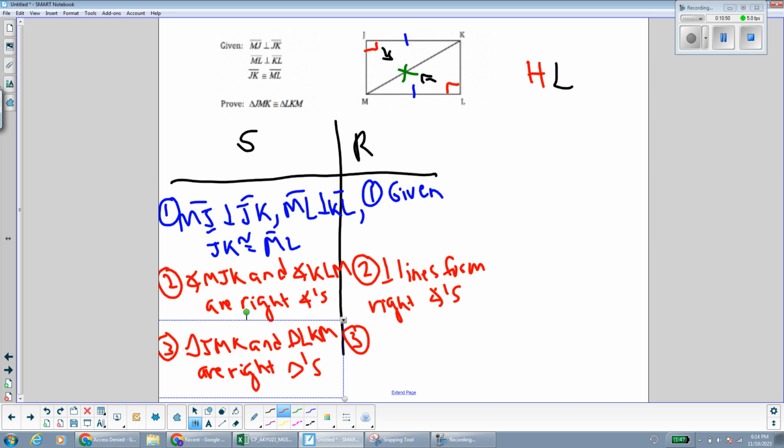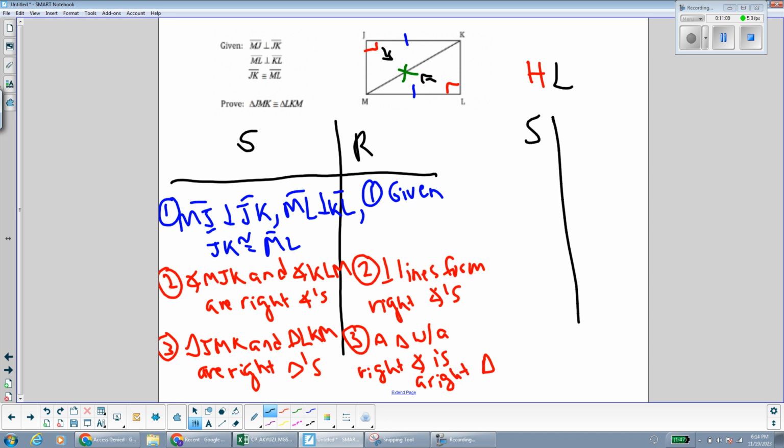So that's why it's super important to come up with your plan before you start writing your proof. Otherwise, you might not realize that certain things should be in your proof. A triangle with a right angle is a right triangle.